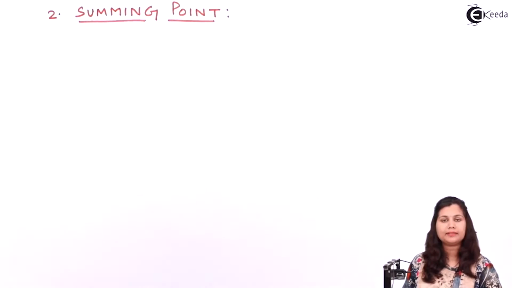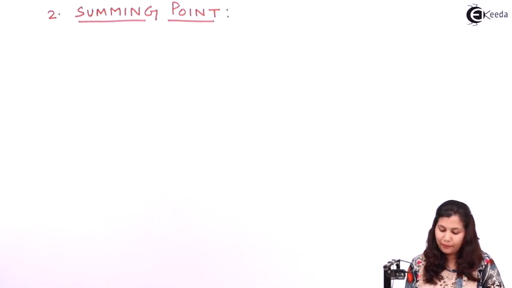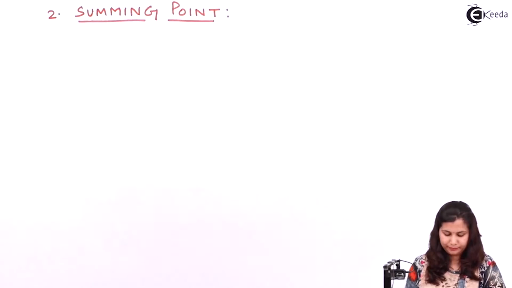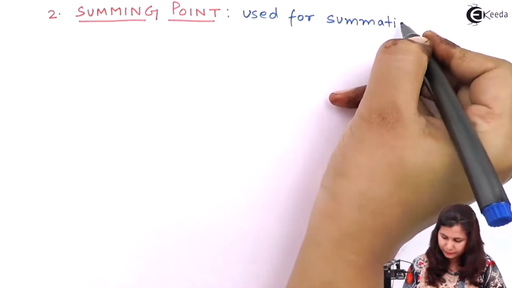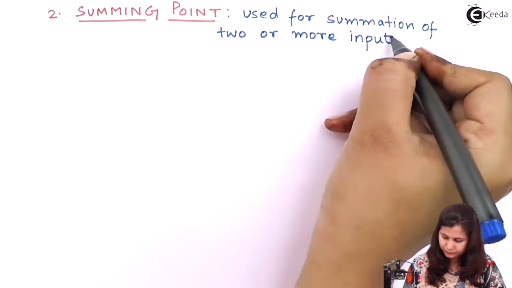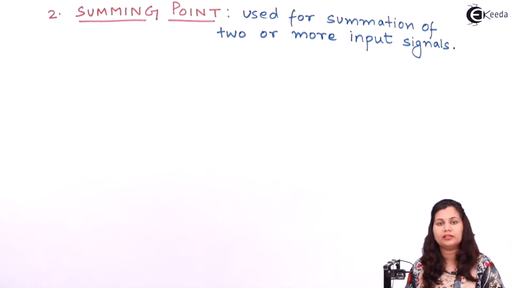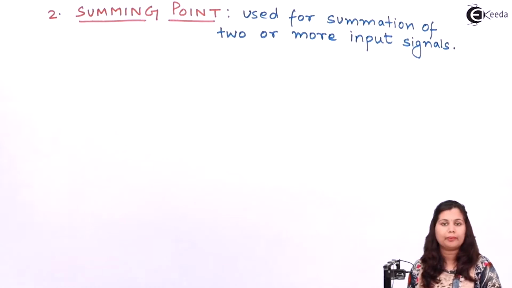So the second element is the summing point. As the name indicates, the summing point is used to sum up two or more input signals. Now, each input signal can have its appropriate sign, that is, it can have a plus sign or a minus sign. If it has a plus sign, then the input signals are added up.